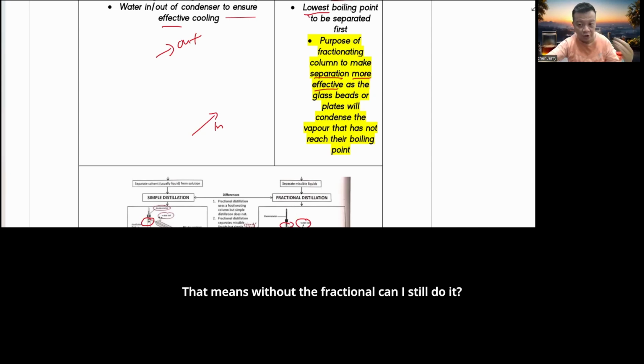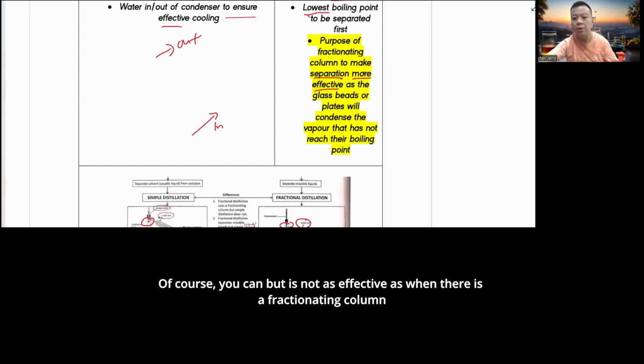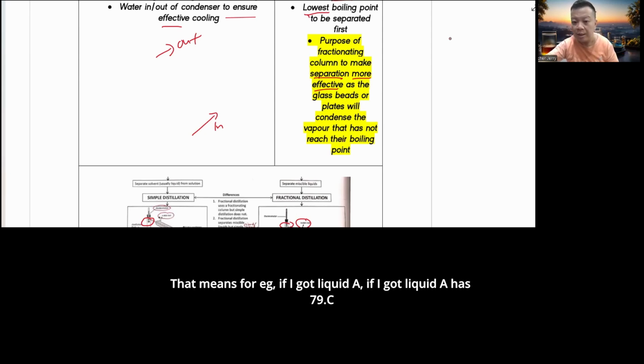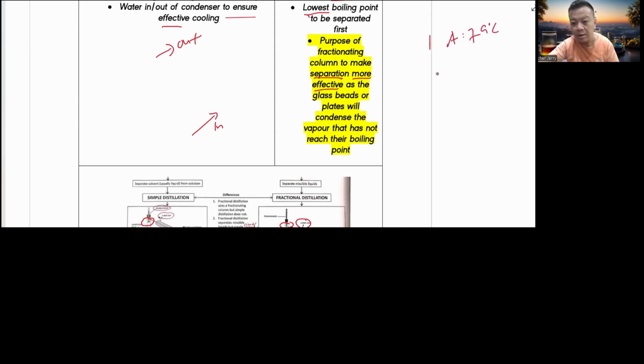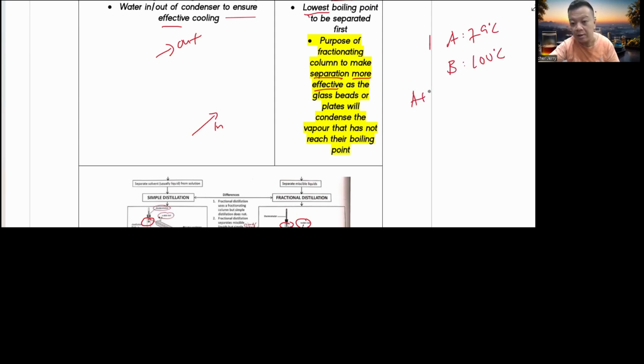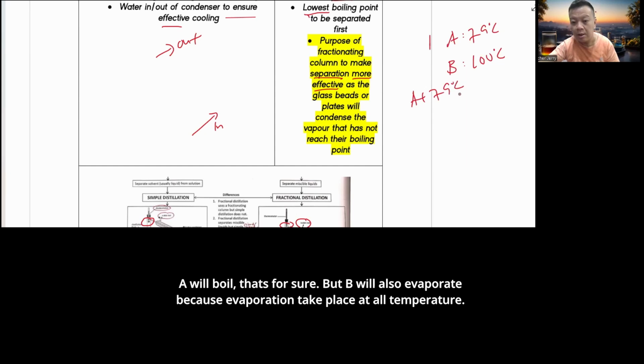Without the fractionating column, can I still do it? Of course you can, but not as effective as when there is the fractionating column. The glass beads or glass plates are just to condense the vapor that has not reached its boiling point. For example, if I have liquid A at 79 degrees Celsius and B at 100 degrees, two liquids with different boiling points, at 79, A will boil.